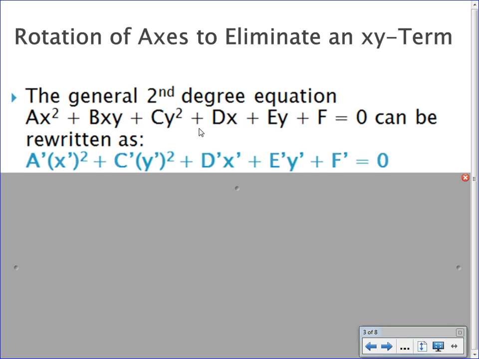Okay? Those are going to be based on our axis of rotation. So we're going to figure out what axis to rotate it, and then use our new equation to graph it on that rotated axis. Today we're worried about the algebra. Monday we will worry about the graphing. Okay?